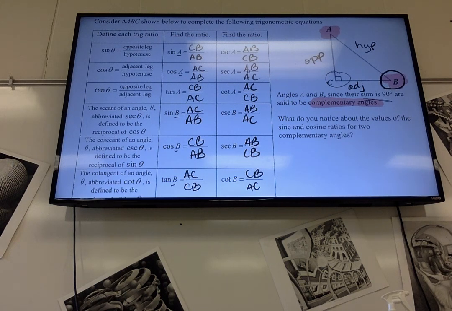So what do we notice about sine and cosine for complementary angles? So sine of A and cosine of B. What do you notice? They're the same thing. What about cosine of A?